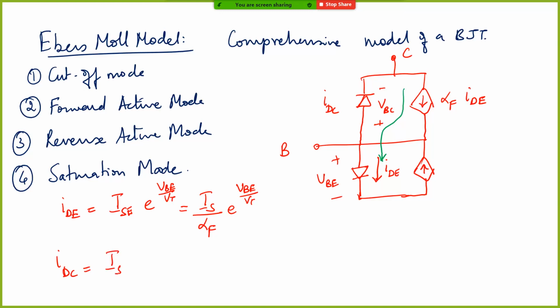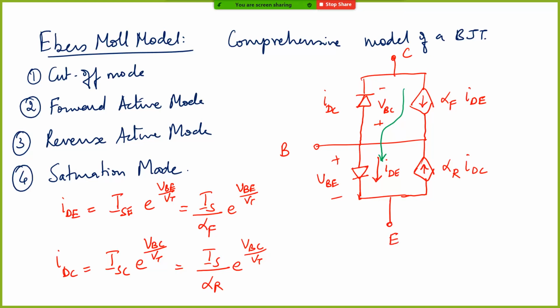It is ISC exponential VBC by VT, which can also be written as IS divided by alpha R, e to the power of VBC by VT. Since it's the same device, this IS is the same. Now this is our equation, and what can we write here? This can be written as alpha R times IDC.